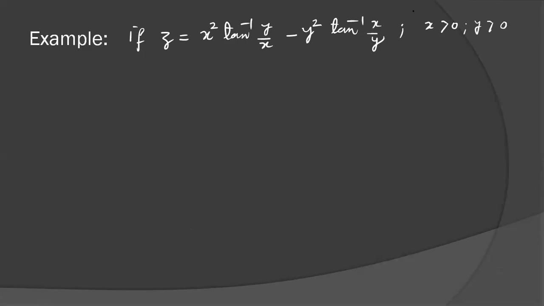Because if x is positive and y is negative, then this tan inverse function will not be continuous. One limit will go to plus pi and another limit will differ if x is greater than 0 and y is approaching 0, so the 0 by 0 form is not defined here. If you are checking the continuity at (0,0), if both are not positive, then along the x axis from the right you will get tan⁻¹ 0, which is 0, and tan⁻¹ infinity will go to pi by 2.